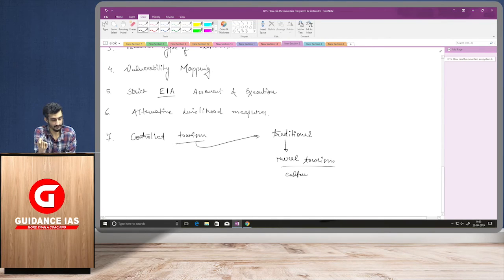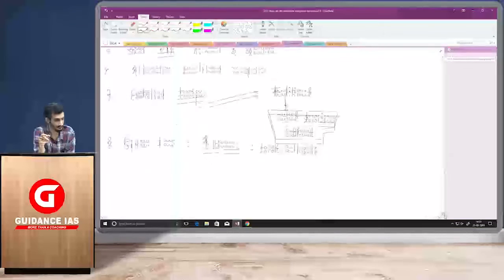Such varieties of tourism should be promoted so as to have the least impact on the biodiversity and ecosystem of that area. And finally, we can have a concept of green tax so that high revenue can be acquired by the local authorities, which can then be used for the development of those regions in a very sustainable manner.